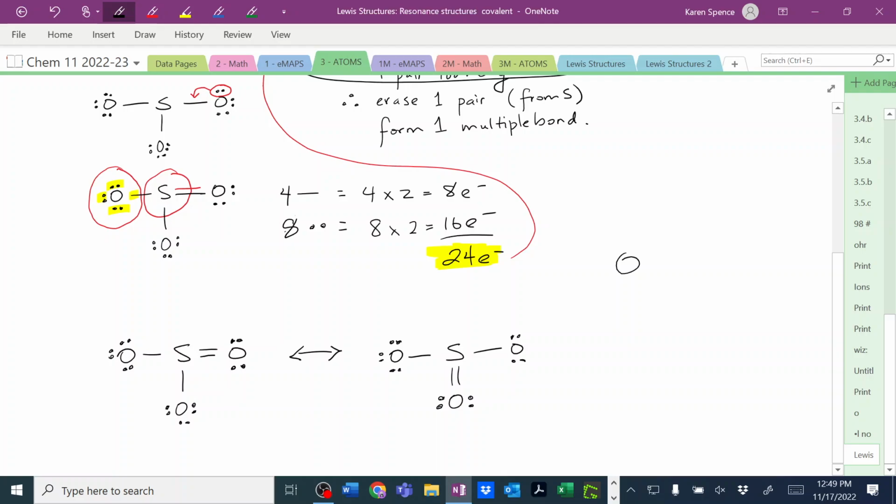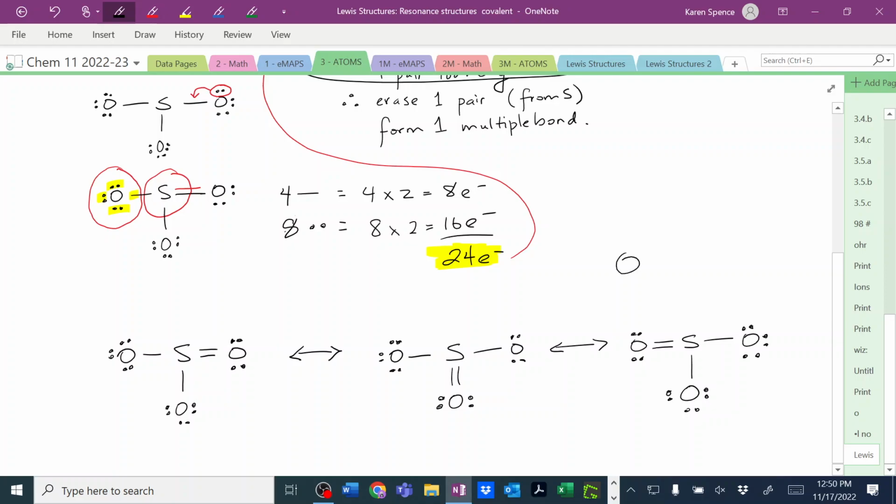Is there a third structure? There is. Where does our double bond go in our third structure? Goes at the left, yes. And when you are drawing resonance structures, you do have to make sure that your lone pairs also move around similarly.